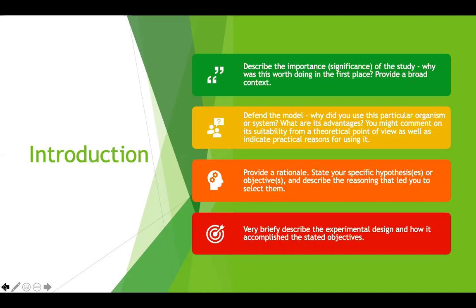And while answering or achieving those objectives, you will obviously go through some experimental setup. You will adopt some methodology, and you will also perform some experiments and some data analysis to achieve those objectives or test those hypotheses. So very briefly describe the experimental design and how it can accomplish the stated objective.